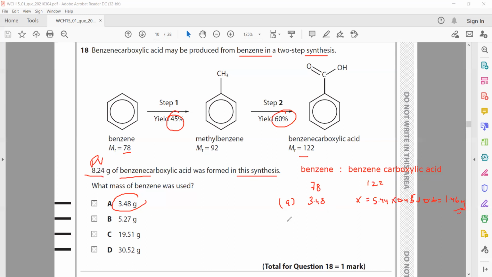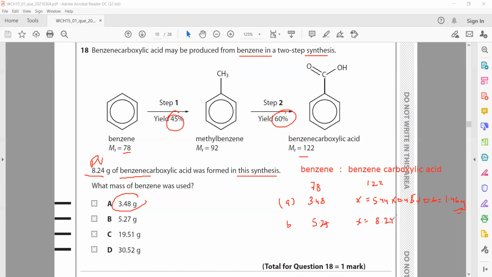If I check with option B, if we have 5.27 grams, then X will be 5.27 times 122, which equals 642, divided by 78, equal to 8.2.